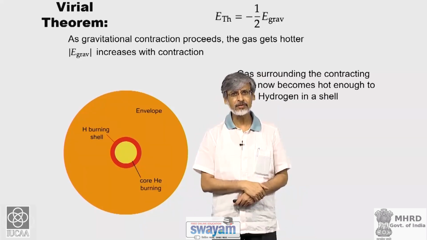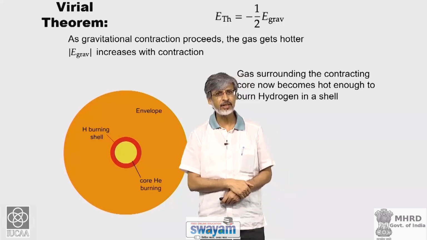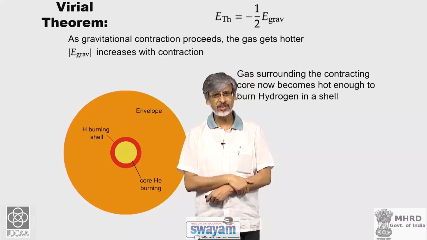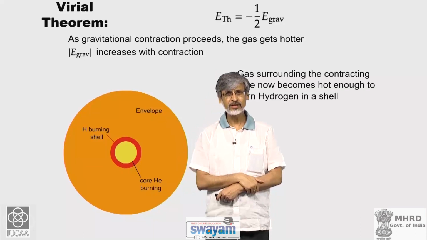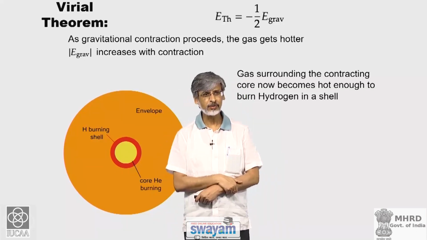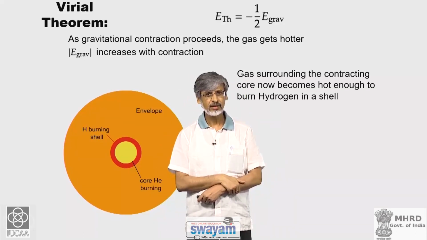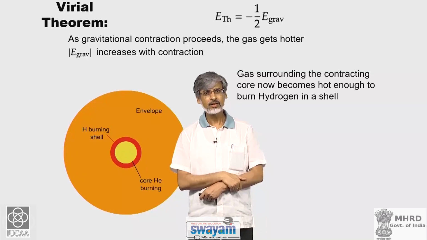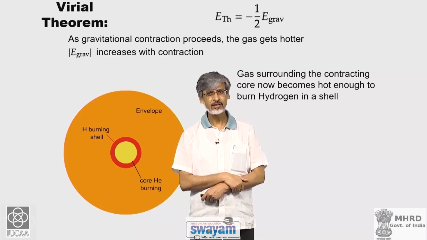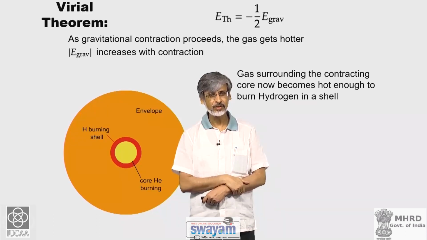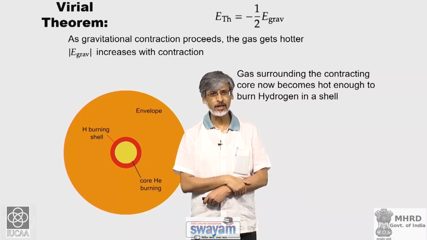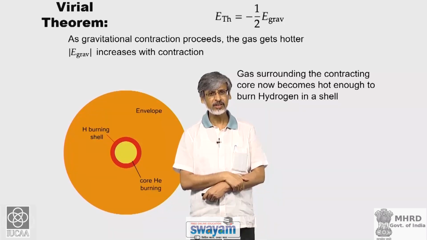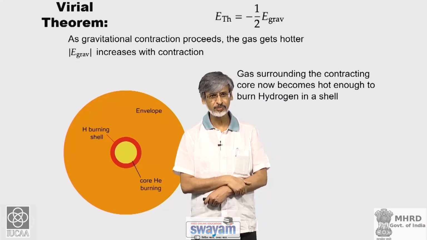As the gravitational contraction proceeds, the gas actually gets hotter. So, this is an interesting cycle to keep in mind in case of gravitationally bound objects, where loss of thermal energy leads to contraction, which leads to further heating in the interior. So, as you take energy away, the configuration gets hotter.